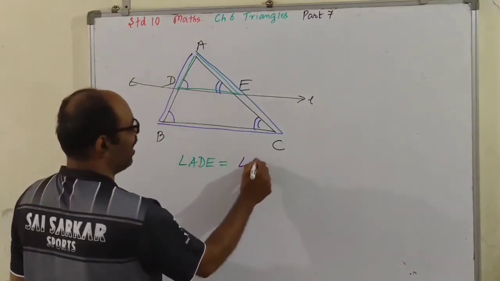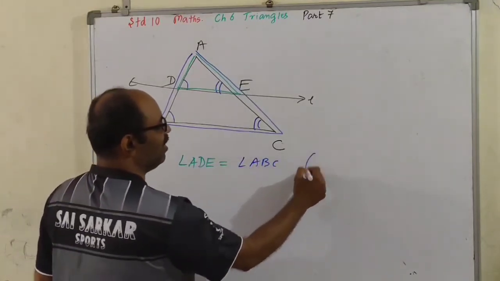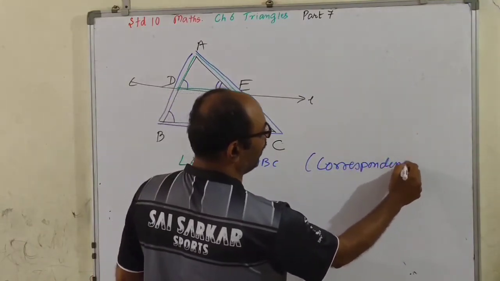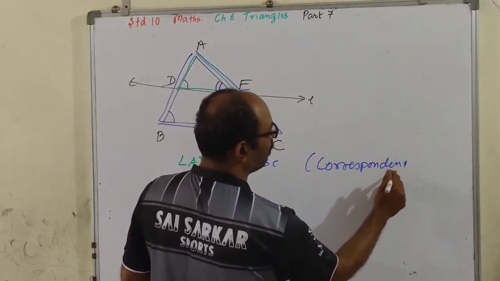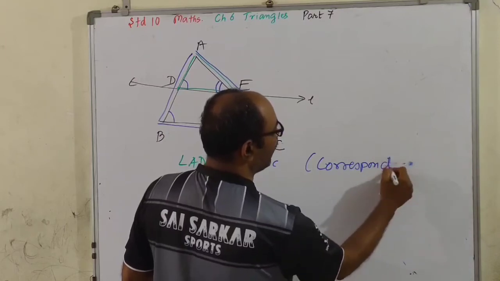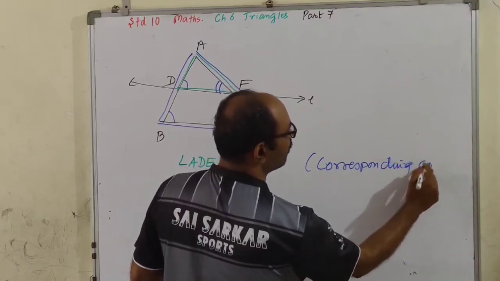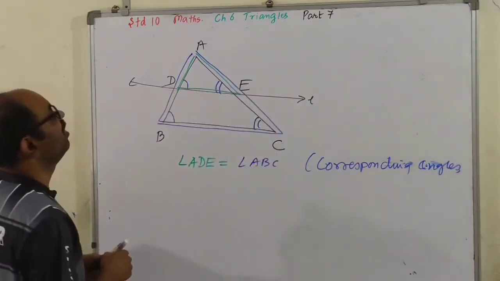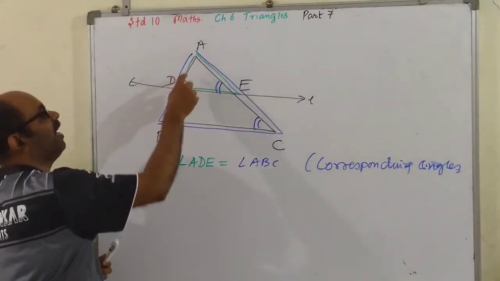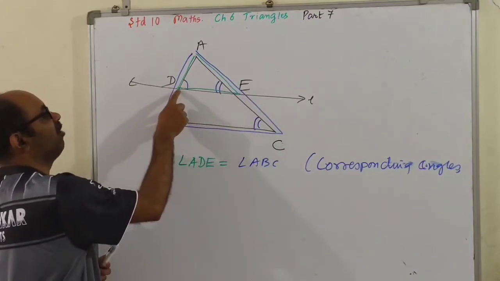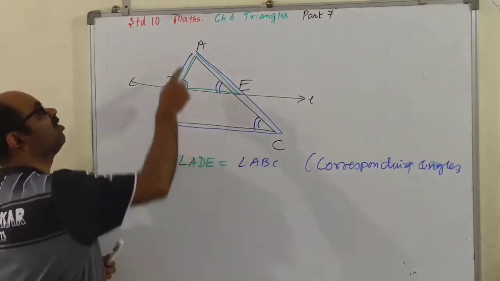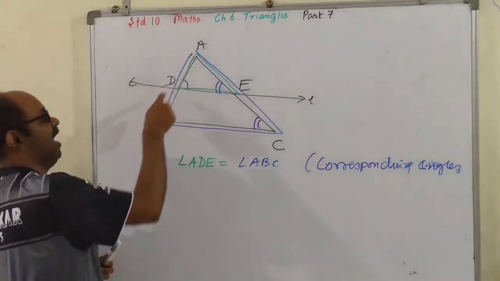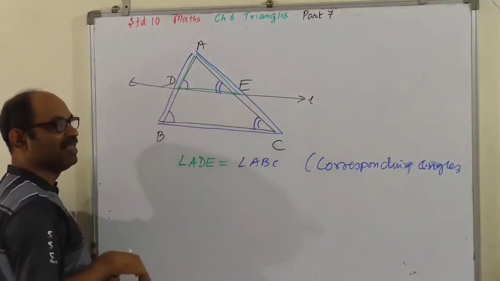Am I right? Angle ABC. Reason? Corresponding angles. But you will say, sir, here it was angle ADE and there it was angle DBC, so how can you say ABC? Angle DBC and angle ABC are one and the same.